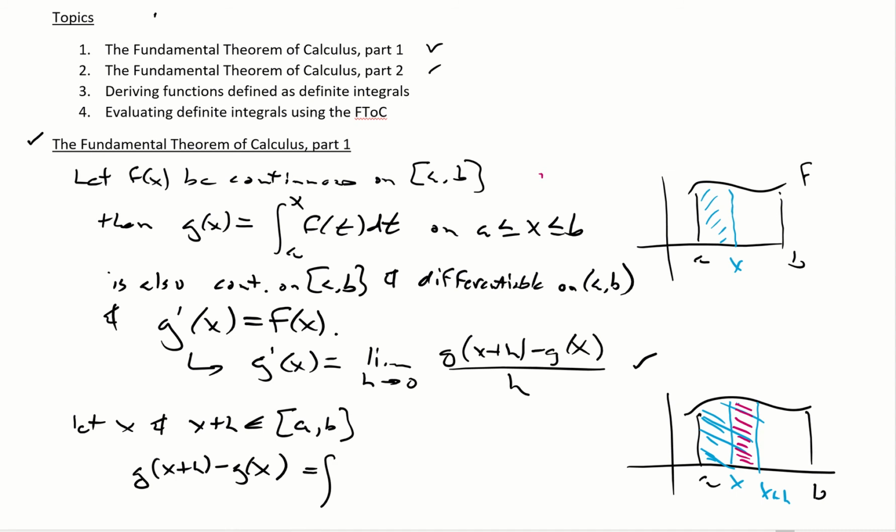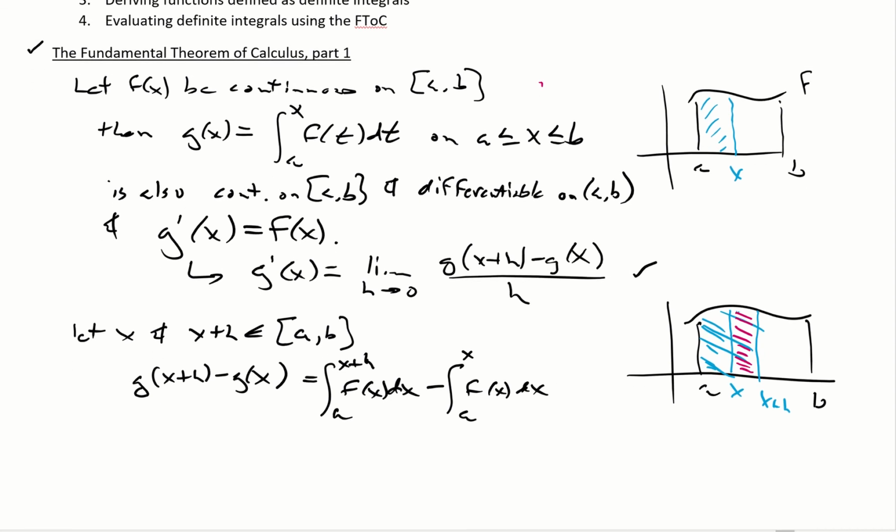It's equal to the definite integral from a to x plus h of f of x dx minus, by definition of the function, the definite integral from a to x only of f of x dx. And by looking at the picture, we can agree that g of x plus h minus g of x is really the definite integral from x to x plus h only of f of x dx.